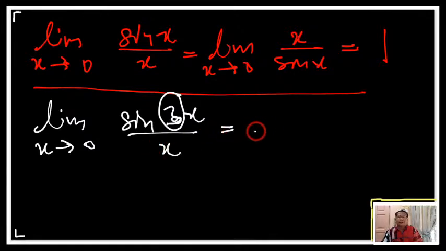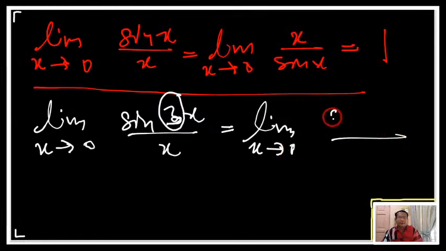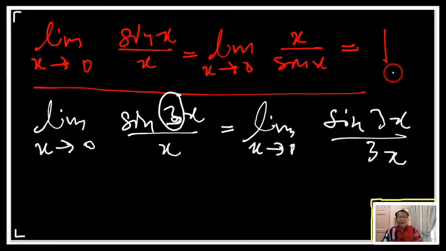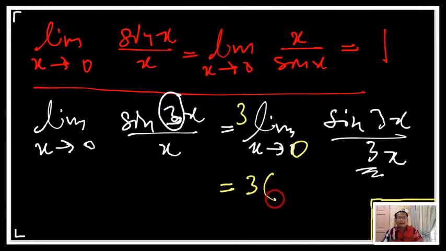So what you need to do is limit x approaches 0, sin 3x. This one should be 3x, and then you get 1. But you cannot simply multiply 3 here. You divide by 3 here. You need to multiply 3. So 3 over 3, 1. You will get the same thing. So now, this one will become 3 times 1. So the answer is 3.